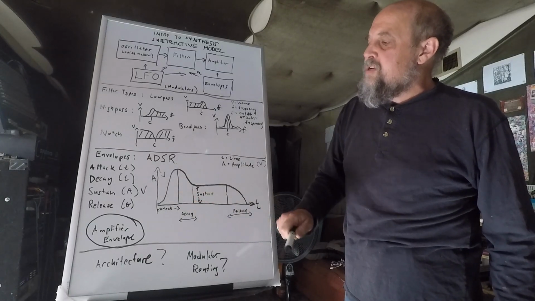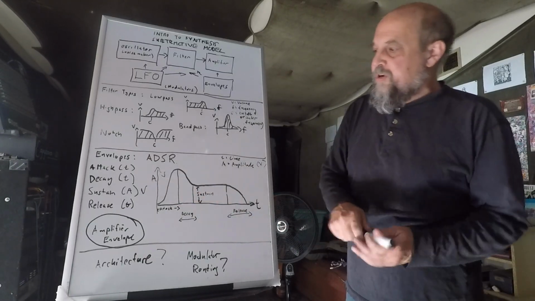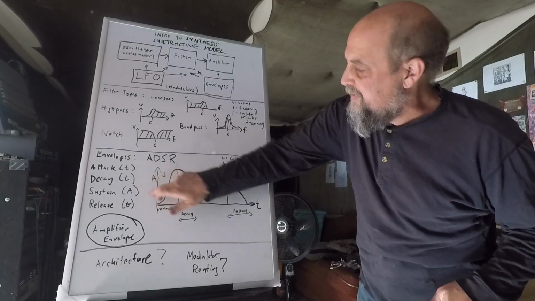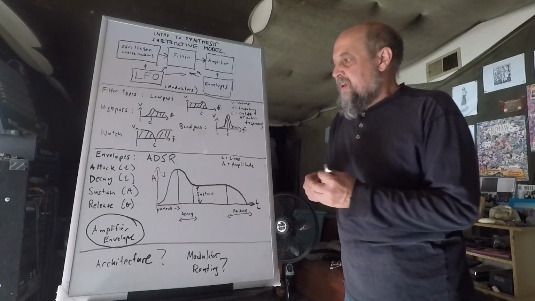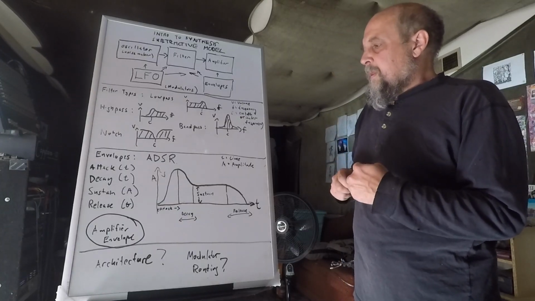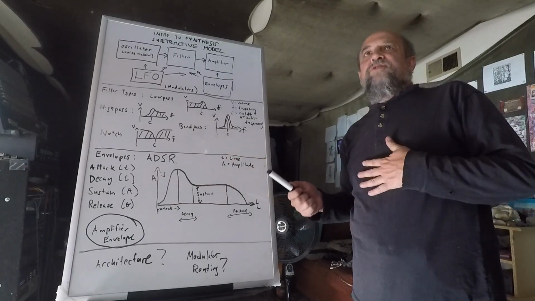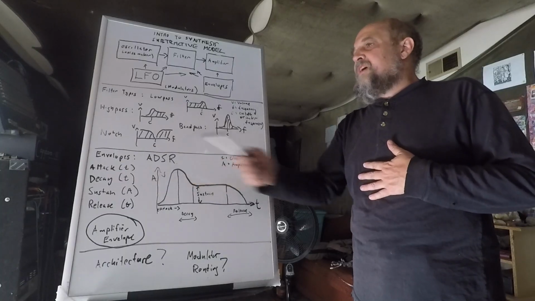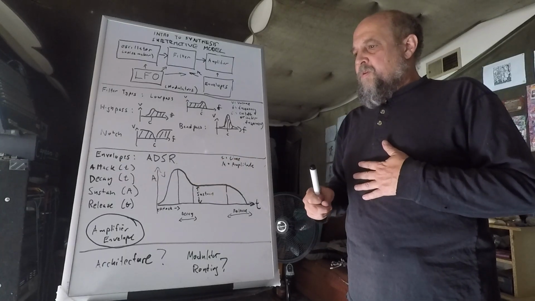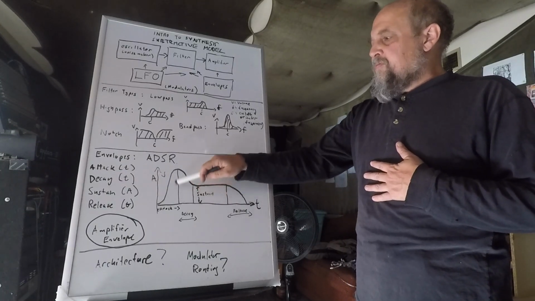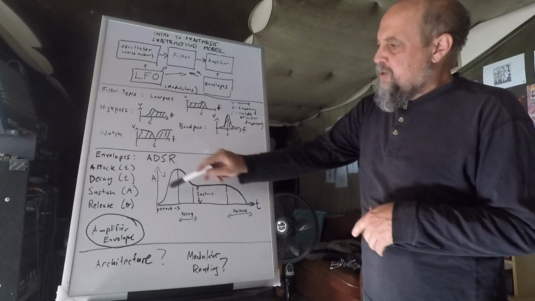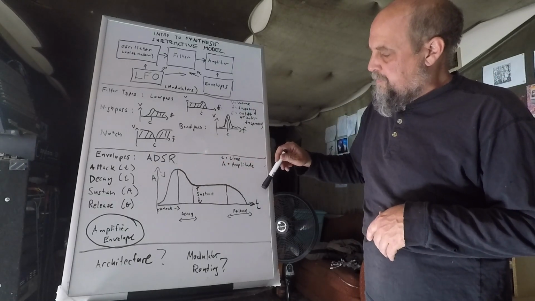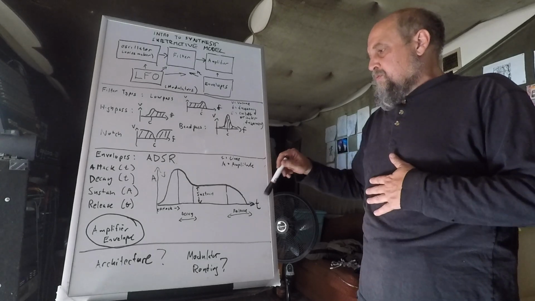Sustain is measured in units of whatever amplitude you're working with. Sorry, hold on. There we go. I'm going to draw this back in a second. The amplitude A is basically the magnitude of whatever the envelope is trying to affect, and that's on the y-axis here, and on the x-axis we have t, which is time.